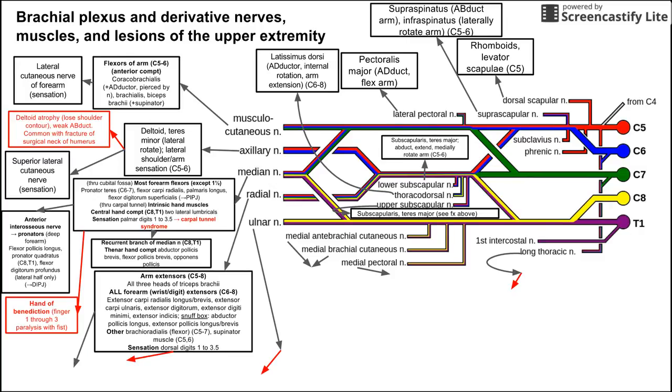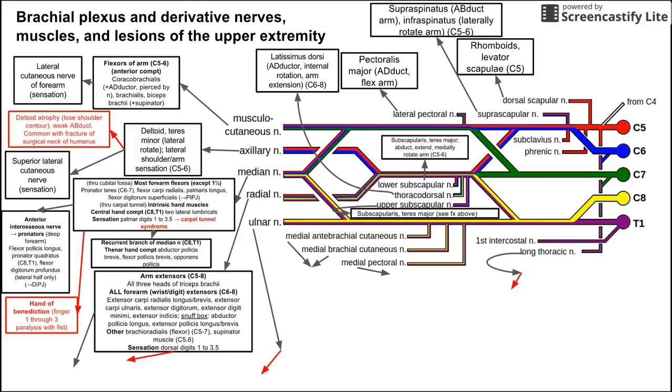Those are the abductor pollicis longus, the extensor pollicis longus, and the extensor pollicis brevis. So that's quite a bunch of extensors of the wrists and the digits, and all innervated by the radial nerve.